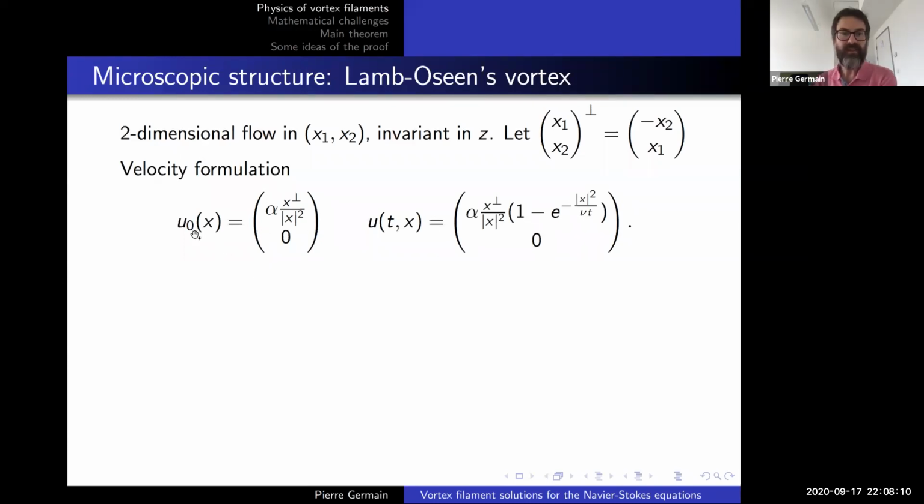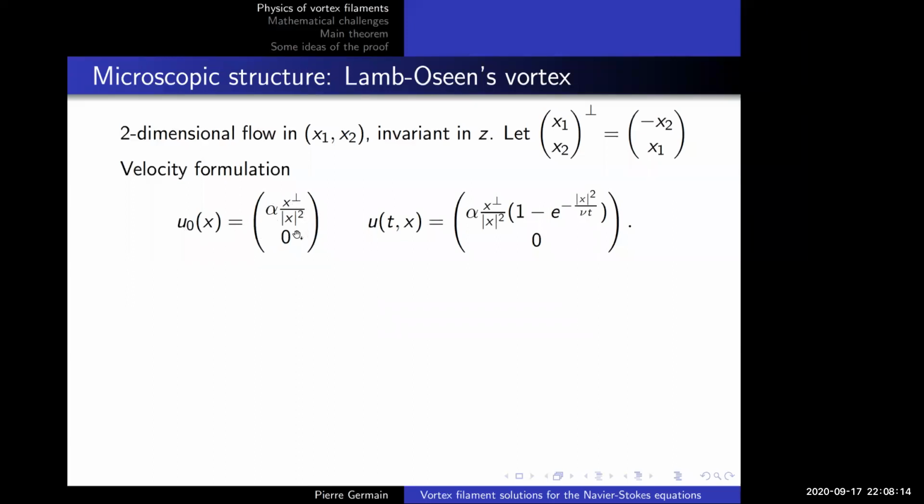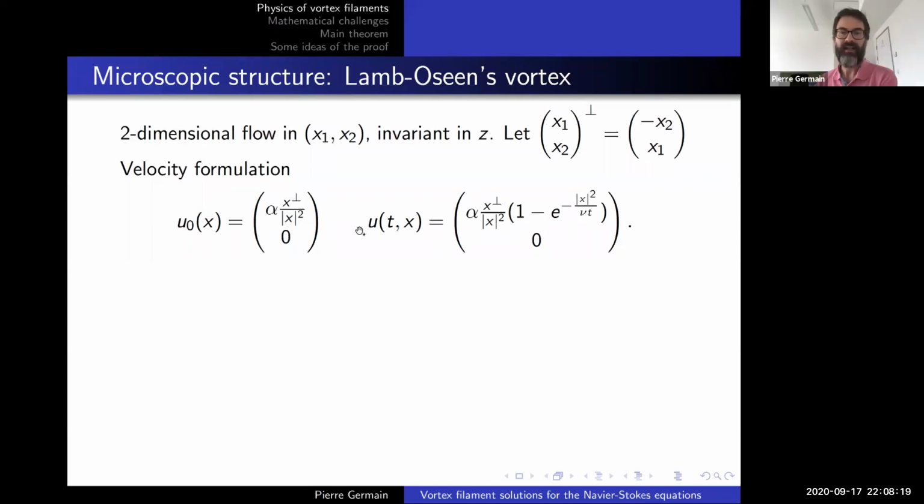So you see, initially, U0 is this object. And as time goes by, the viscosity is going to smoothen the velocity close to 0, where there was a singularity, and that's what comes out.